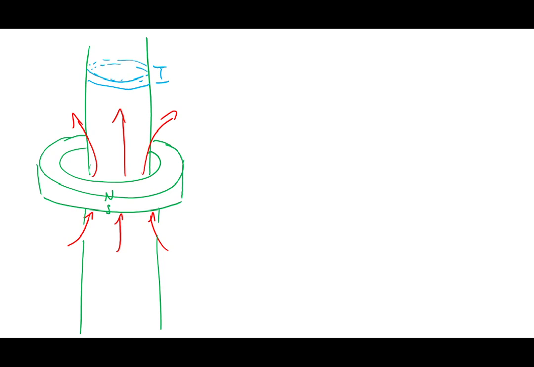We'll go through all the directions in a second, but with this current, you're going to create other magnetic fields. So therefore, you're creating an electromagnet just by the fact that you're falling through.